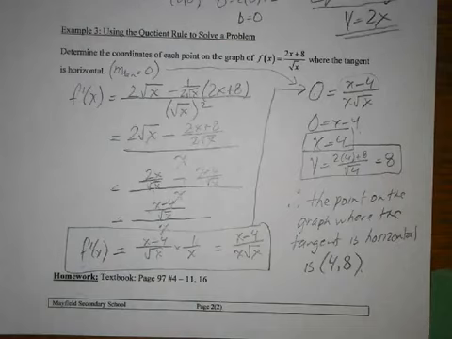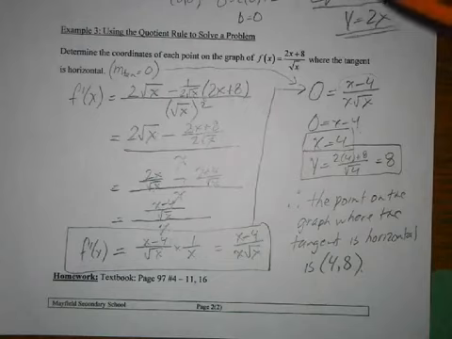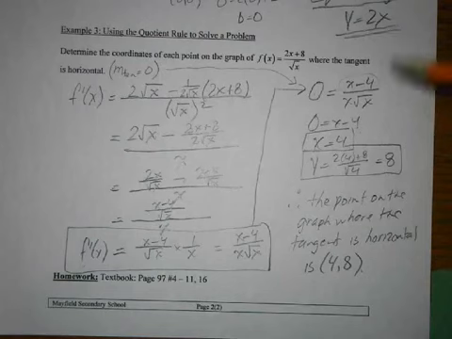Okay, so that was just 3 practice questions, how to do the quotient rule. Each of them asking slightly different thing. The first one was just find the derivative function. Next one was find the equation of the tangent, where the slope of the tangent was a certain value. And then the last one, find the point on the graph where the tangent is horizontal.